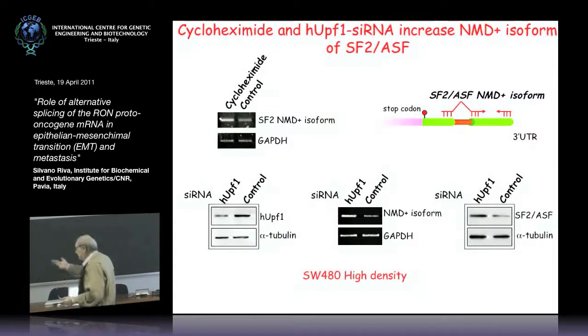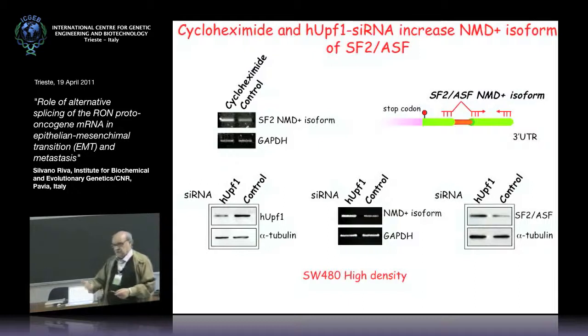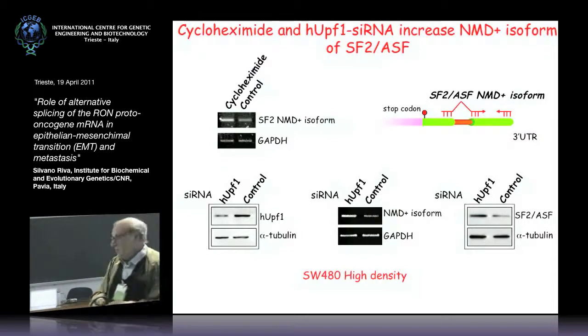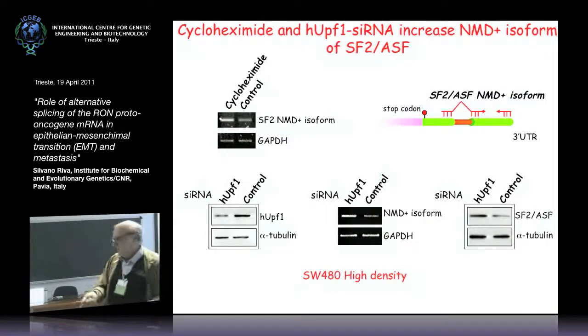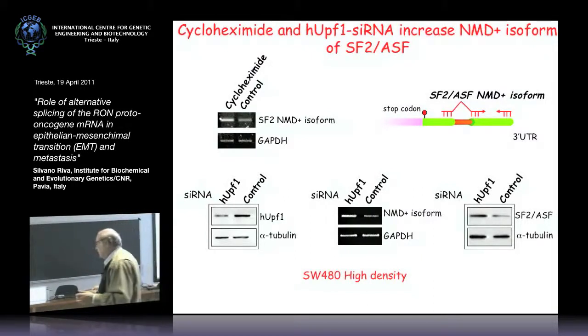And we checked that this was not an artifact. That in fact, the phenomenon was due to the nonsense-mediated degradation and not to some kind of inhibition of protein synthesis, A-specific, okay?